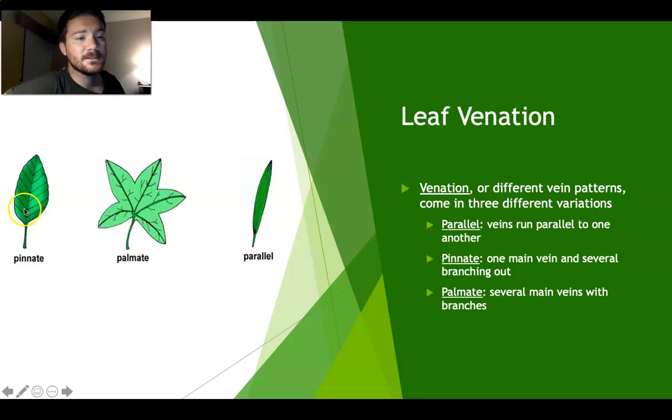Then you have pinnate and palmate. This pinnate is pretty familiar among most dicots and broadleaf trees. They have one main central vein, and then several branching veins. And then palmate, they have several main veins, and lots of little branching side veins, you can say.